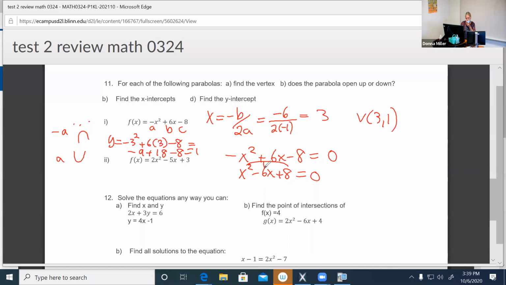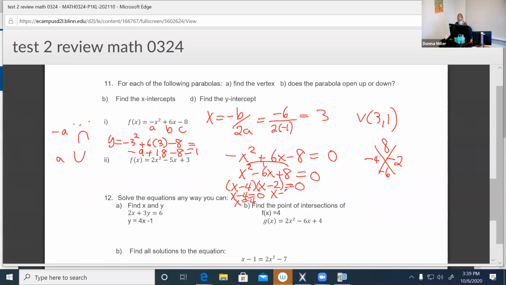Factors of +8 that add to -6. -4 and -2, right? So this will factor x minus 4, x minus 2. So if I solve for this, I get x equals 4 and x equals 2. So those are your x-intercepts, right?